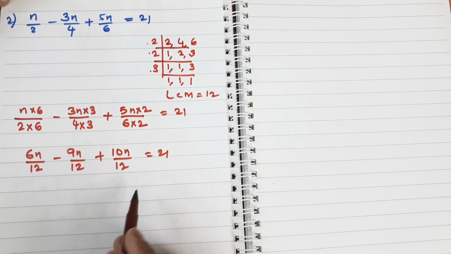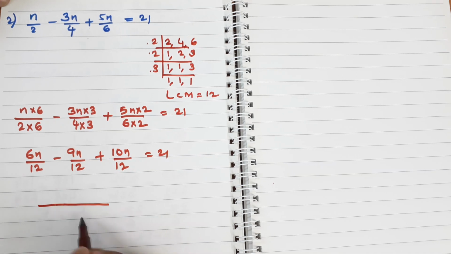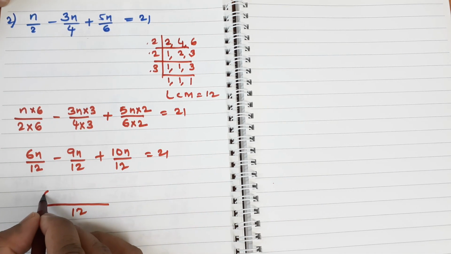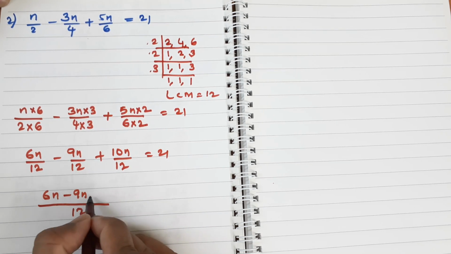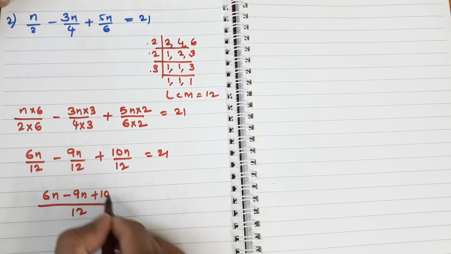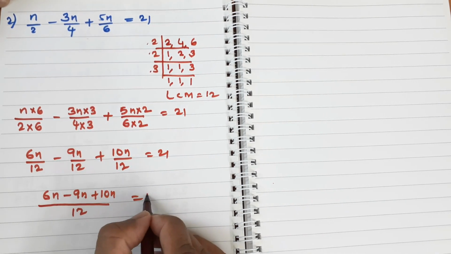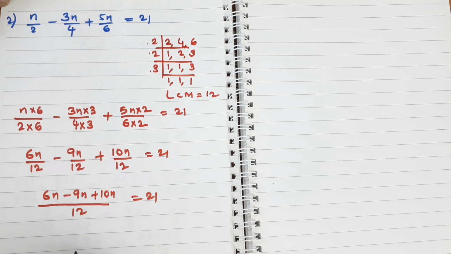Students, now here we got the same denominators. If the same denominators are there, directly you can simplify the numerators. 6n minus 9n plus 10n equal to 21. Now this is in fraction form, so I can transpose this 12 to the right hand side.